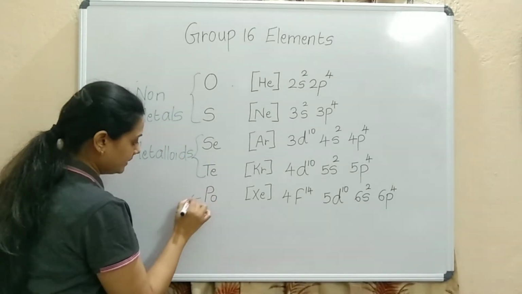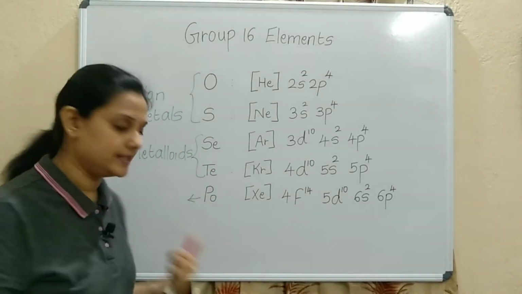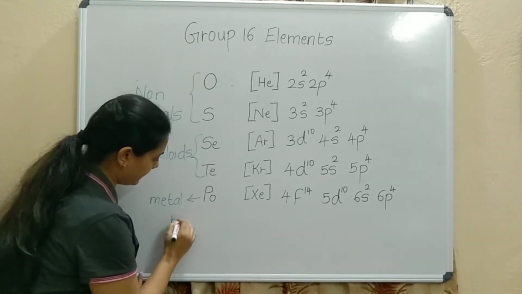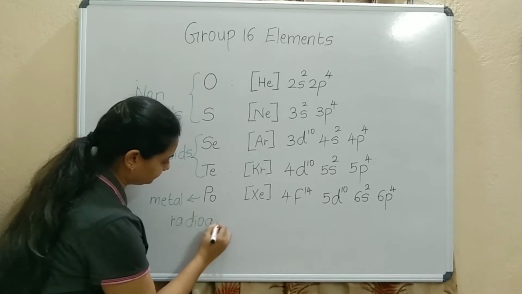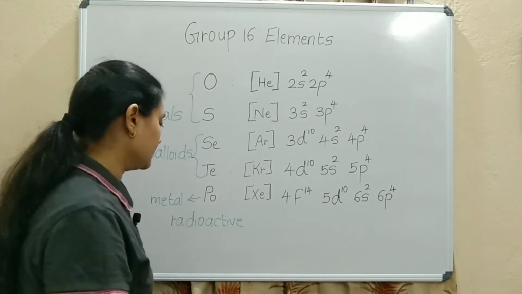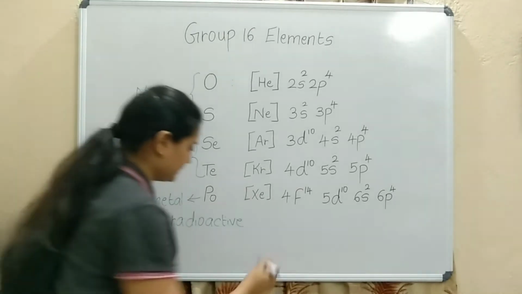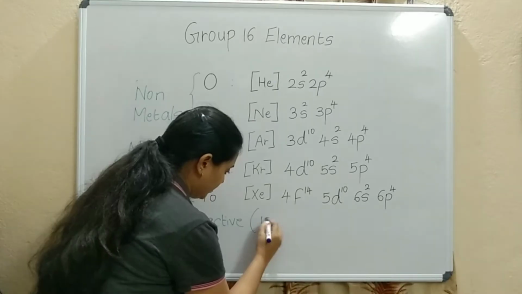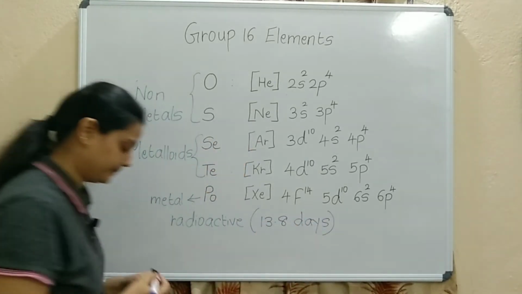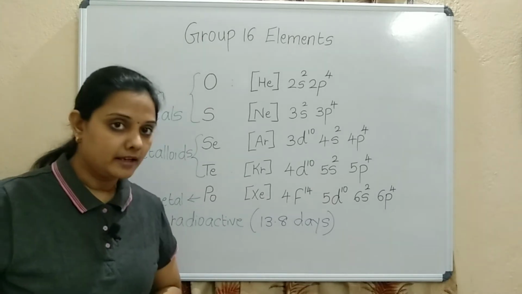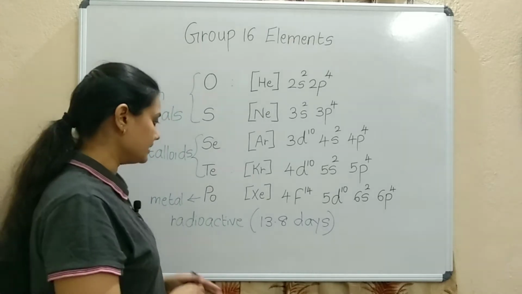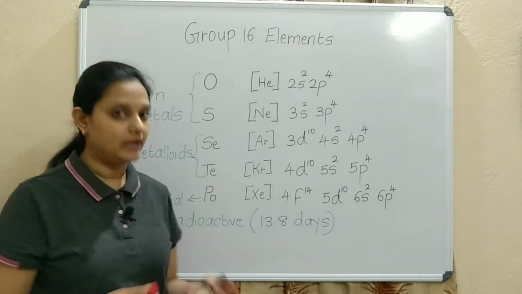And polonium is a radioactive metal, and its half-life is 13.8 days. Now what is this half-life? Time taken by half of the atoms to decay. That is 13.8 days half-life.